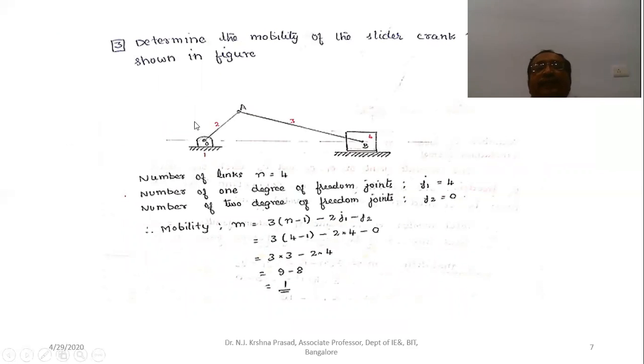And next, it is a crank and slider mechanism. The link OA, link 2, is connected at the point O here, and links 2 and 3 are connected by a revolute joint A. Links 3 and 4 are connected to the slider at point B by a revolute joint.